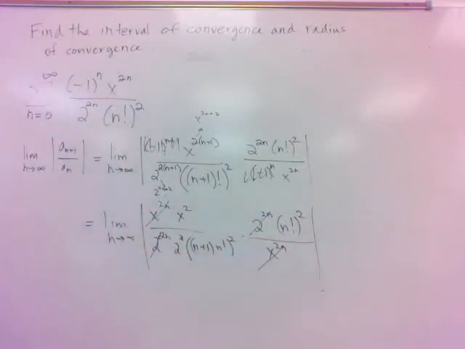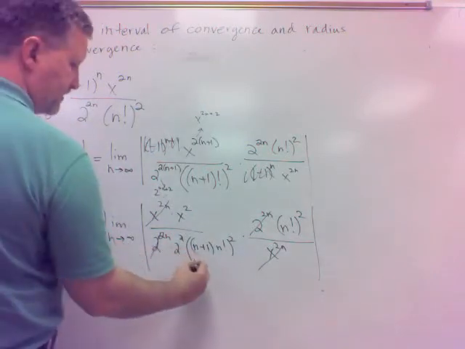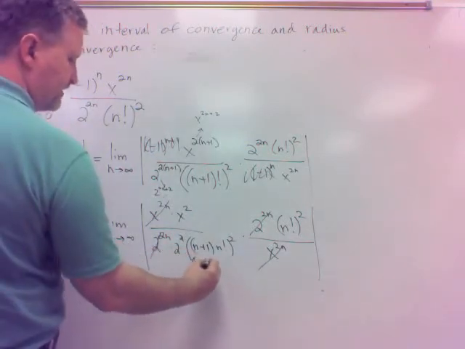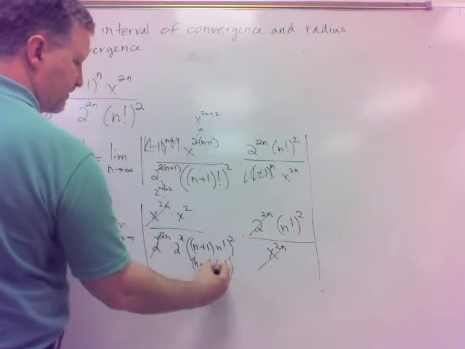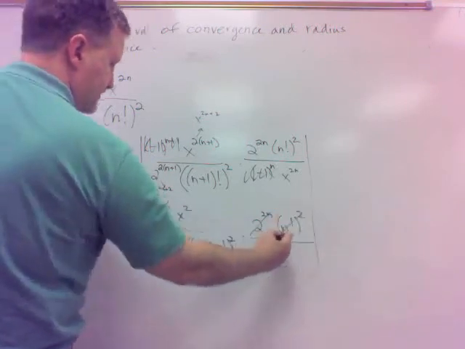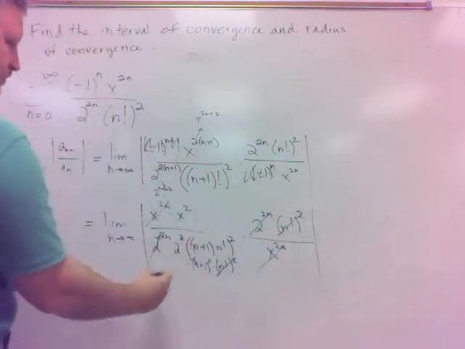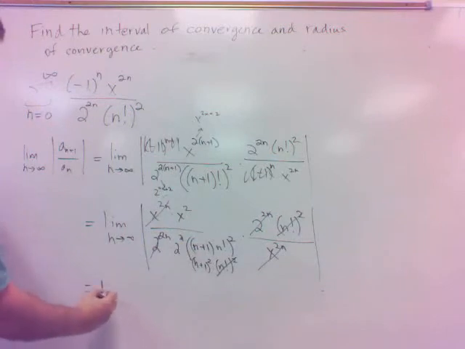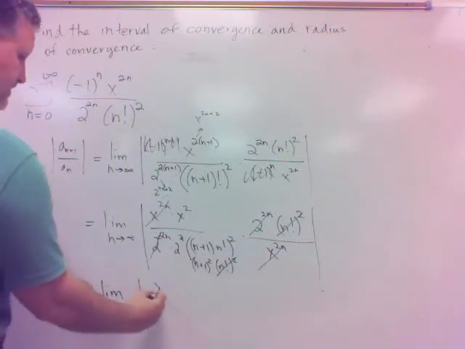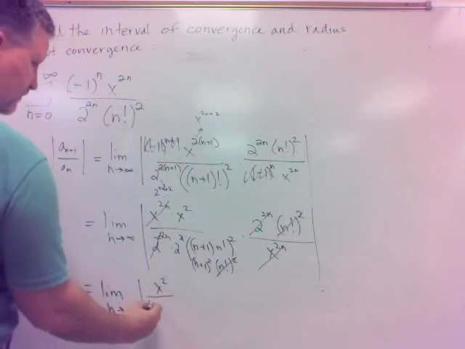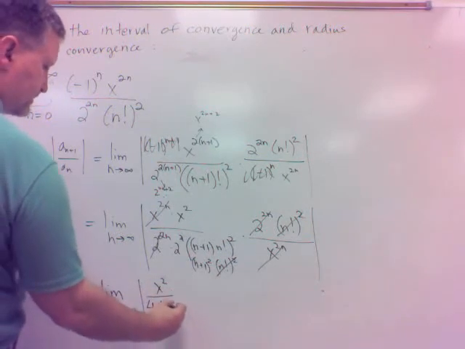What else? Well, I'm not going to write the whole thing over again. That'll be that squared and that squared, right? So that is going to cancel out there. So what do I have? Limit as n goes to infinity of x squared over 4 times n plus 1 squared.